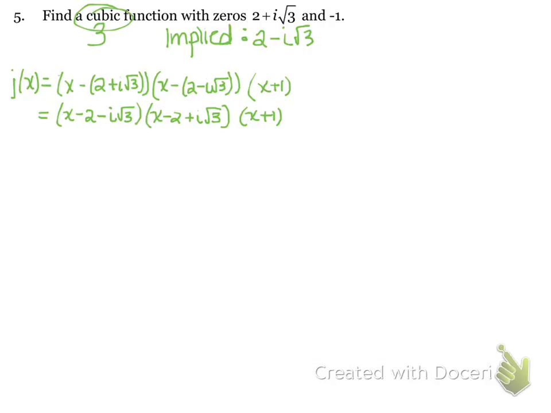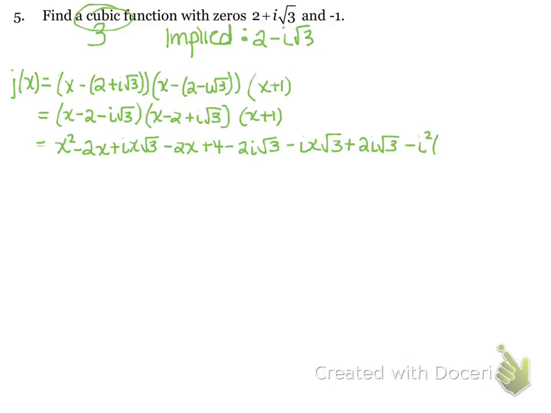So if I were to FOIL this all out, or not FOIL, but distribute this all out, I would have x squared minus 2x plus ix root 3 minus 2x plus 4 minus 2i root 3 minus ix root 3 plus 2i root 3, and then I would have minus i squared times 3, or you could say 3i squared.